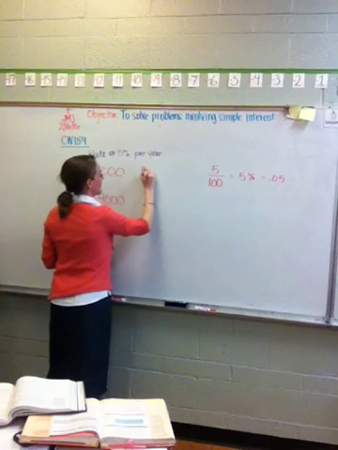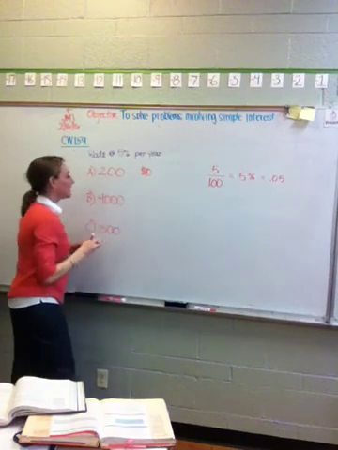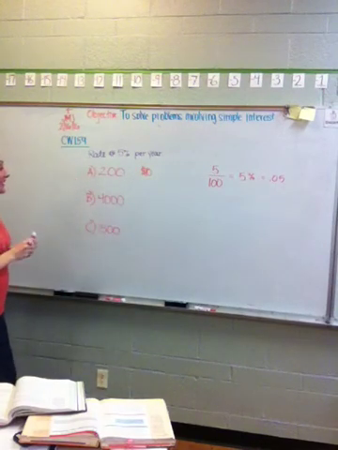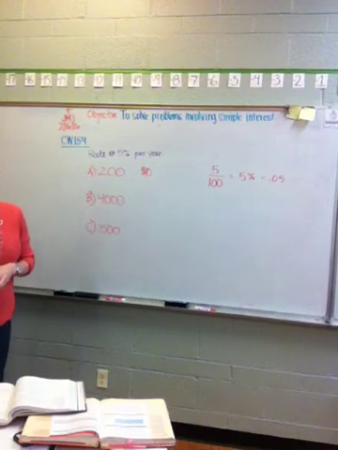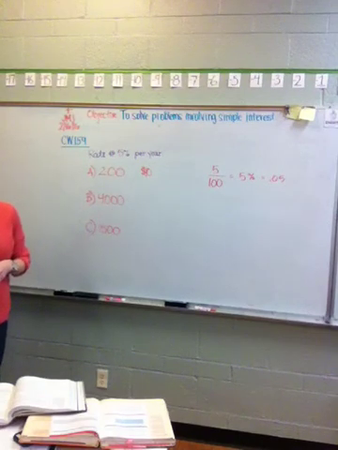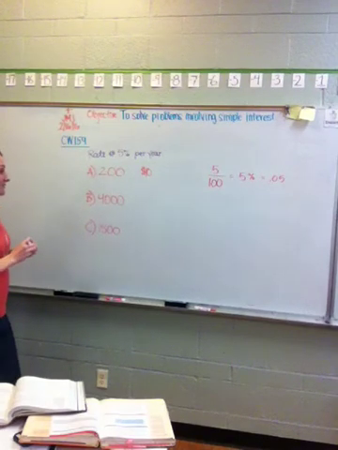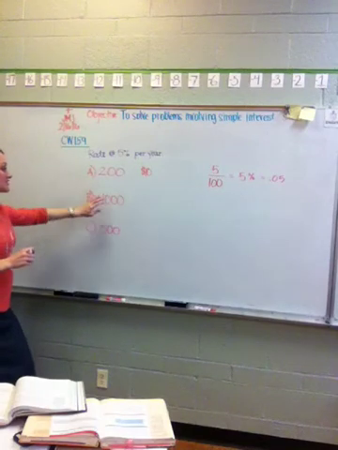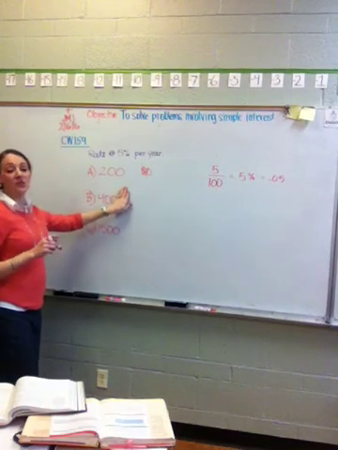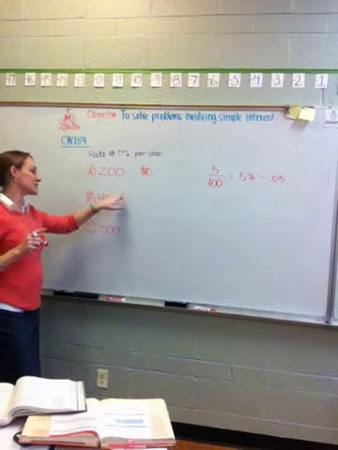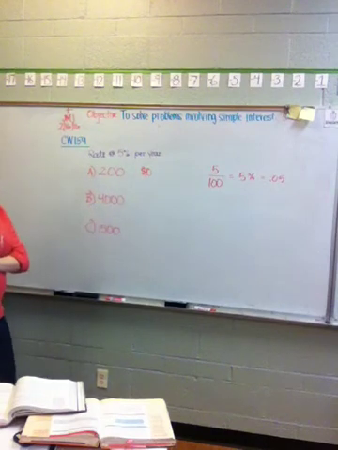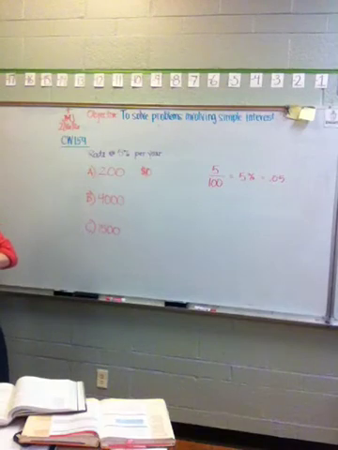All right, 10. Let's try the same mental math here with 4,000. Well, let's go back to 100. How many 100s are in 4,000? 40. How'd you get that?